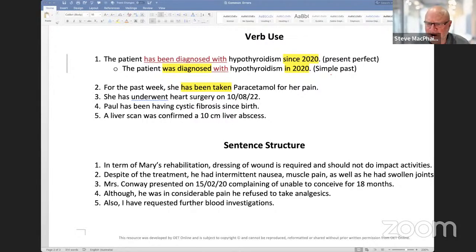And while I'm waiting, Mohammed says, can we say she's been suffering from hypothyroidism? Look, it is possible to use suffering, but you've got to ask yourself as a health professional, are they really suffering? Is it well managed? If it's well managed, we often say not suffering from diabetes. So suffering implies some sort of pain or discomfort. So that's how you make a decision on that.